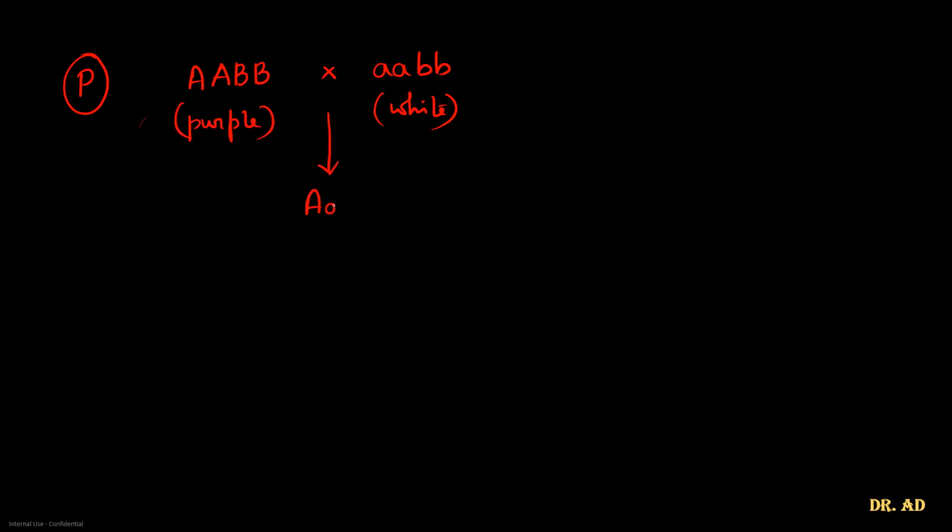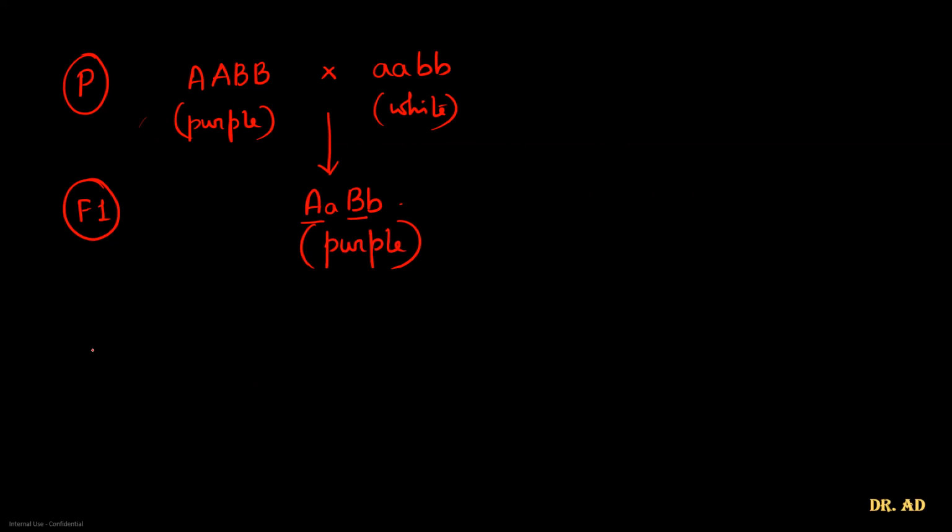We have capital A, small a, capital B, small b in F1 generation. This is purple flower. Why? It goes without saying. See, capital A is there, capital B is there. Therefore, it will generate purple colored flower.